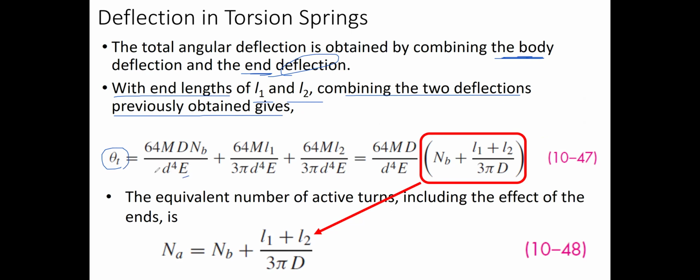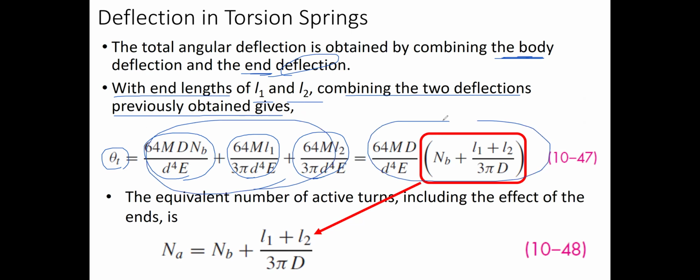This is the body coil deflection, this is the one end length deflection, and this is the other end length deflection. So we just sum the three terms, and we get this. Then we extract this term out.